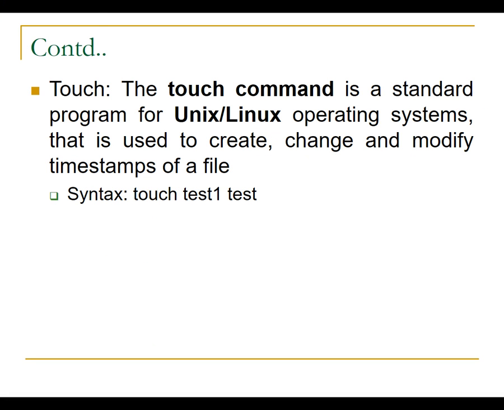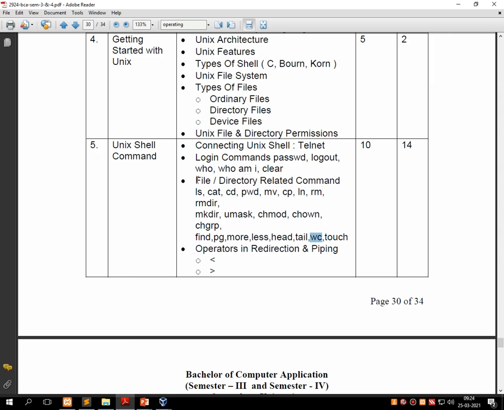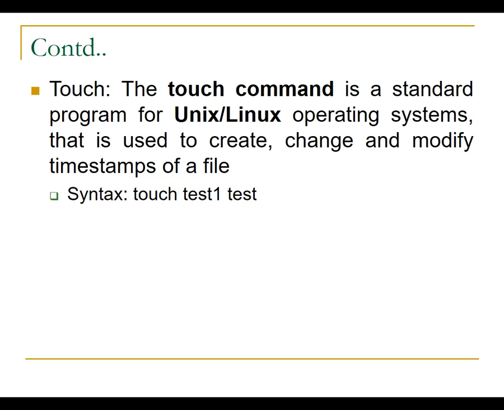Let's go ahead. Next one, and I think the last one for file and directory structure, is touch command. The theory of touch command says that the touch command is a standard program for Linux and Unix operating systems that is used to create, change and modify the timestamp of a given file.